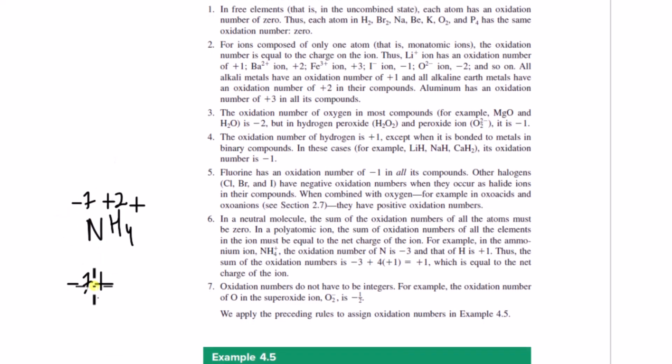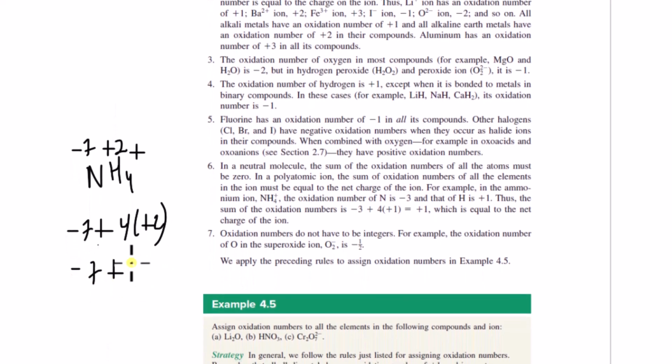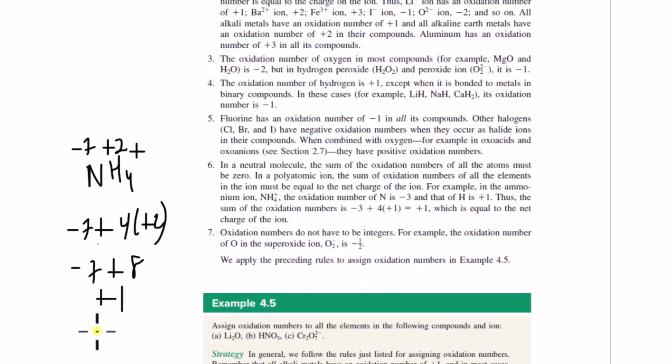So -7 plus 4 times +2 is +1. So these oxidation numbers obey the sum rule. So for any given set of oxidation numbers to be valid, that set must obey the sum rule.